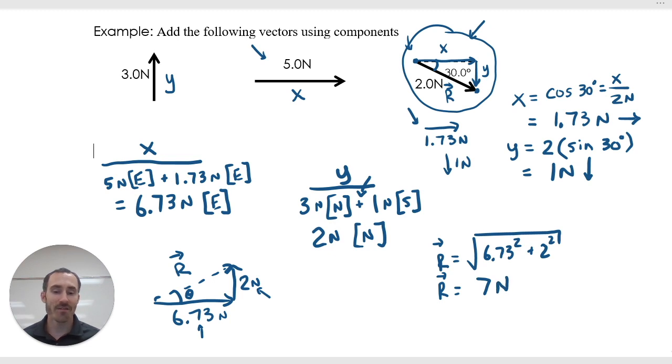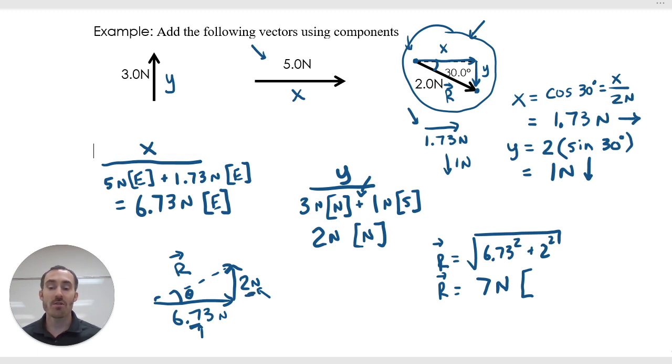Now I put a vector symbol on the top of that r, on top of the resultant symbol, because this needs a direction to it. And so I'm not quite finished here. I need to put in that direction as well. And we figure out that direction using trig again. So we know the 6.73, again, over here. We know the 2 over here.